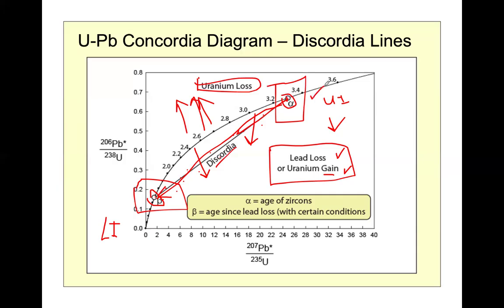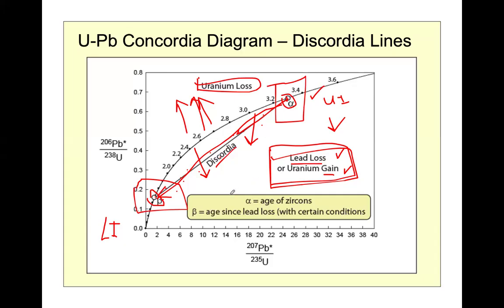Usually the upper intercept age represents the crystallization age of the rock, and the lower intercept shows whatever event caused the loss. In most cases you will have lead loss because of metamorphism. Although metamorphism is closed system behavior, somehow this lead, which is a volatile material, can escape.